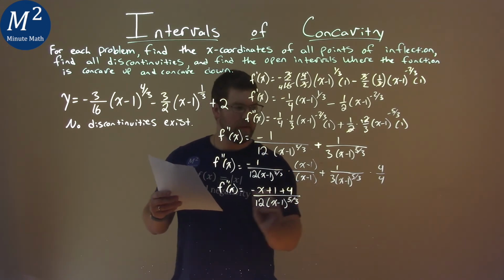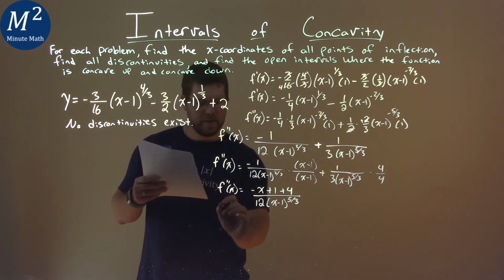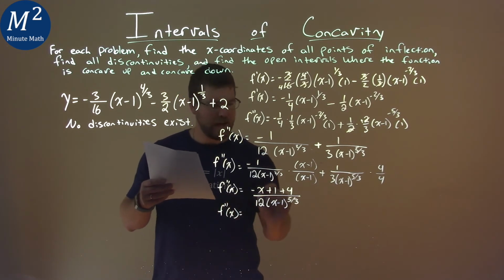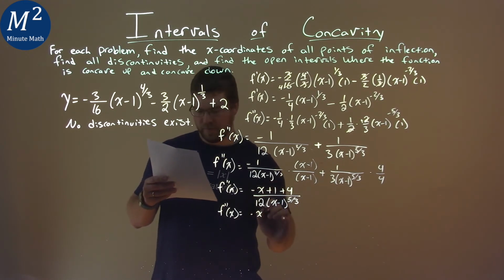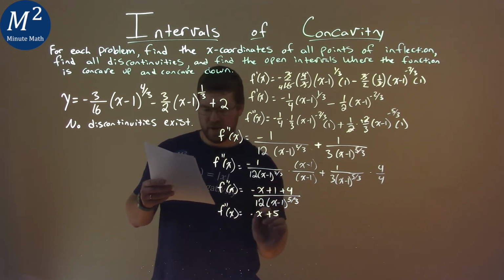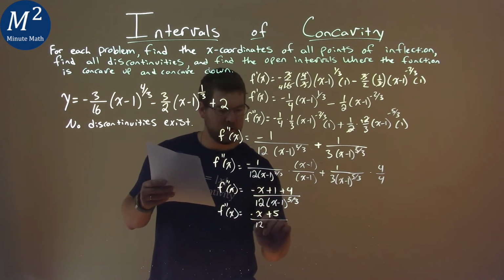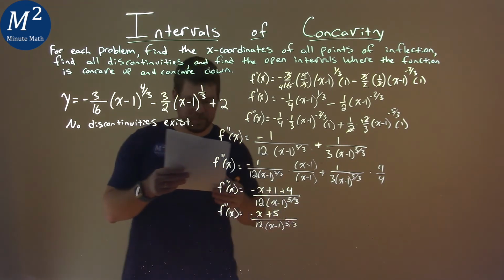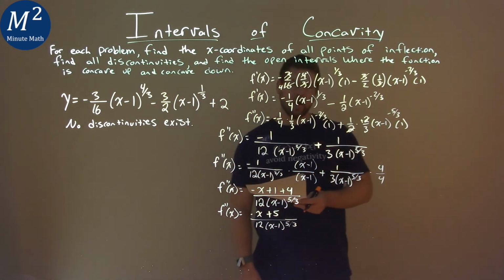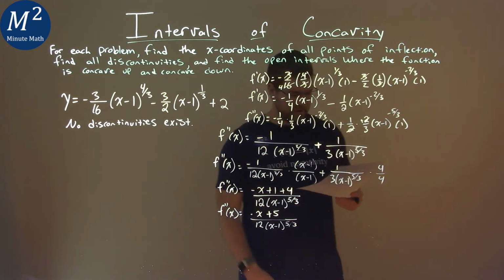Keep simplifying that. We have f double prime of x here. All right. And we have negative x, and then 1 plus 4 is 5, negative x plus 5 here, and the denominator stays the same, 12 times x minus 1 to the 5/3 power. All right, we got the second derivative here, kind of looking nice and neat.